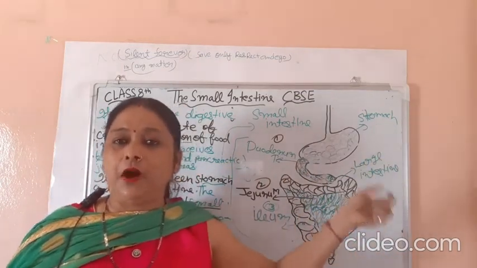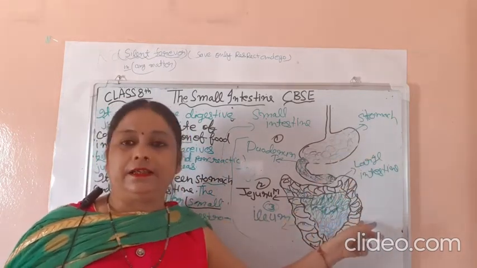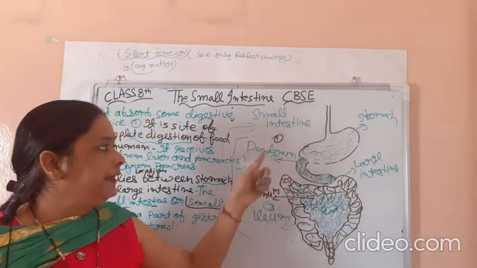Let's again revise the location of the small intestine. The small intestine lies in between the stomach and the large intestine. You can see on your screen this is a part of the small intestine.